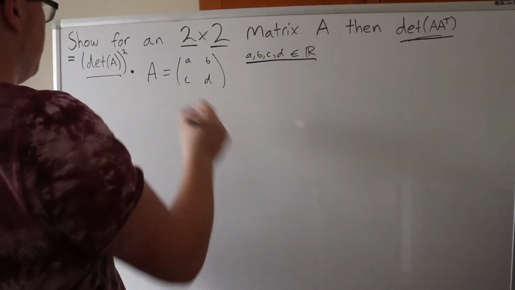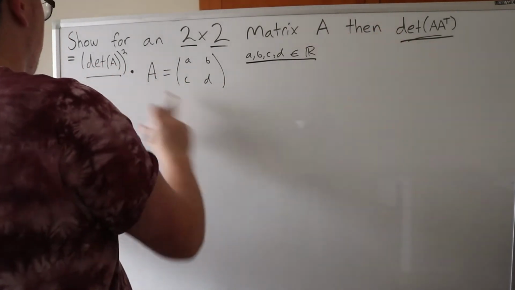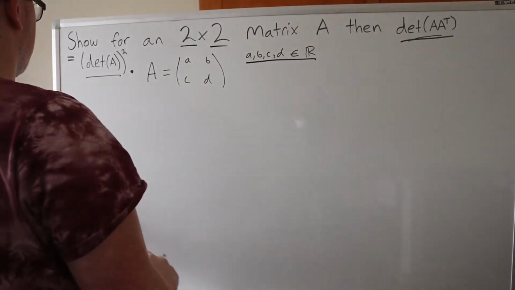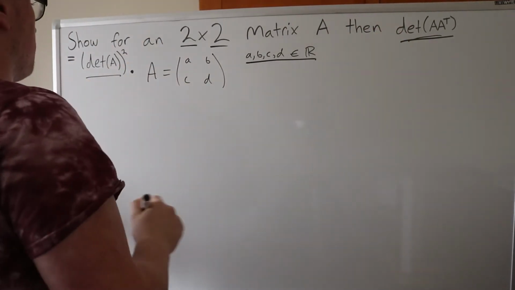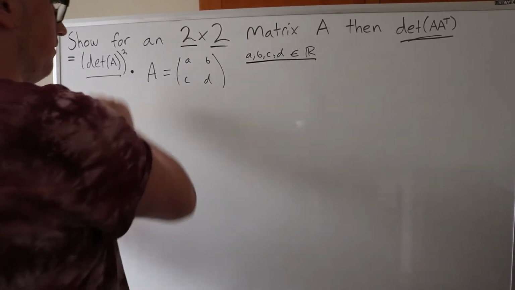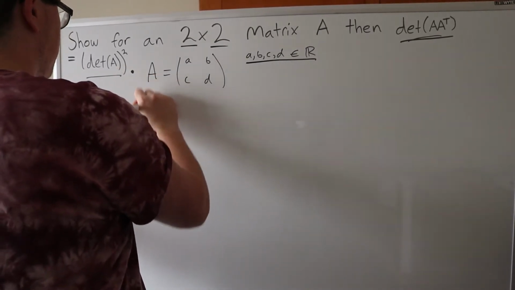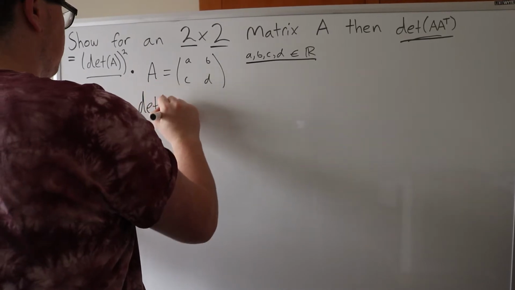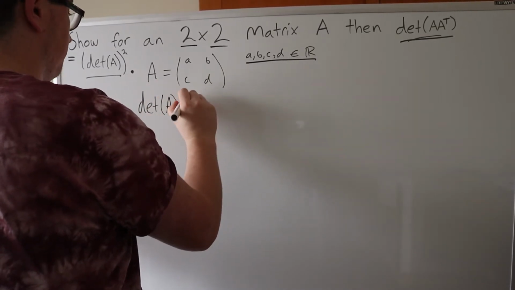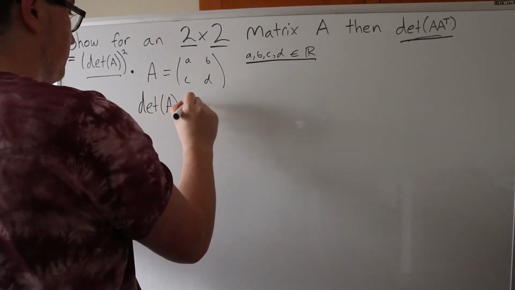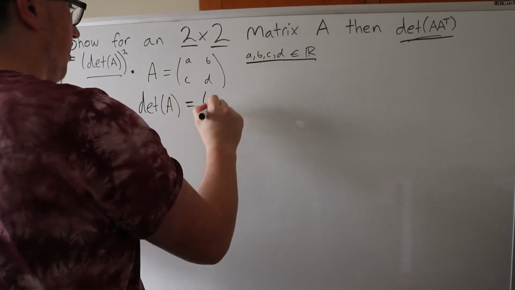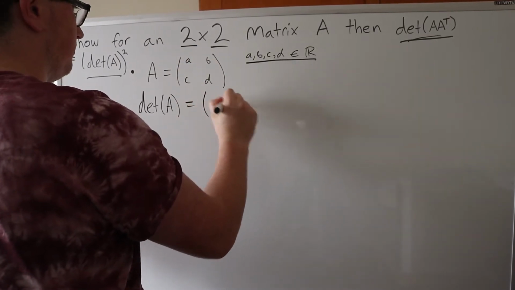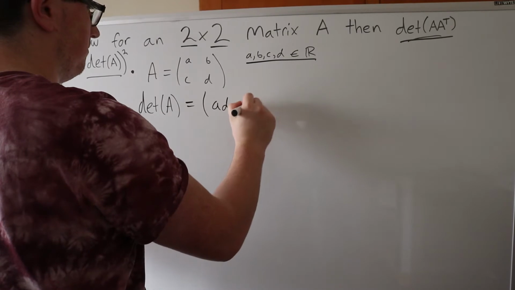And now let's go ahead and prove this statement, first det A squared. Let's find that. So let's find det A. The determinant of A by matrix properties is nothing but AD take away BC.